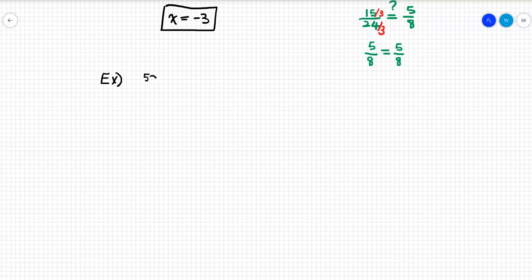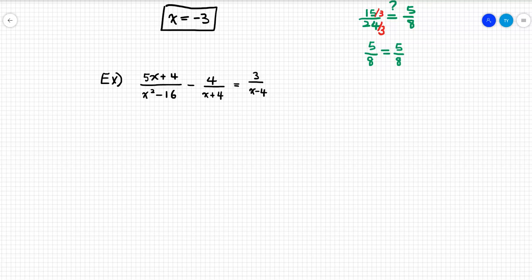I have 5x plus 4 divided by x squared minus 16, minus 4 over x plus 4, equals 3 over x minus 4.